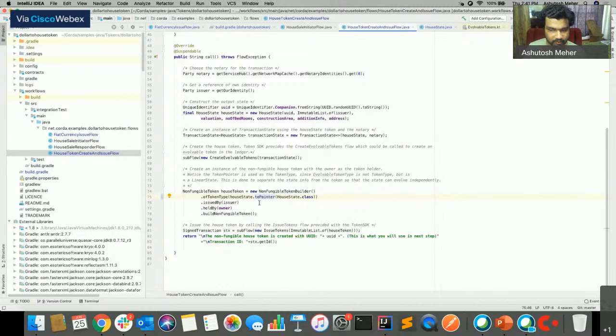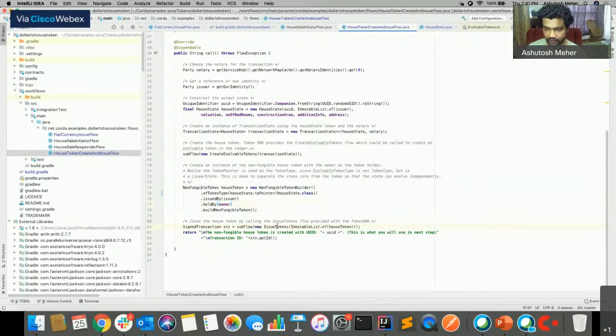That's pretty simple as well. Just call the toPointer method and pass in the type of your evolvable token type, and that will give you a token pointer. The only difference between the non-fungible builder and the fungible builder is that it doesn't have an amount, which is quite understandable because non-fungible tokens are unique and you don't really need an amount there.